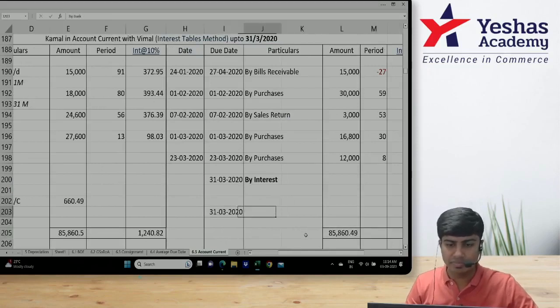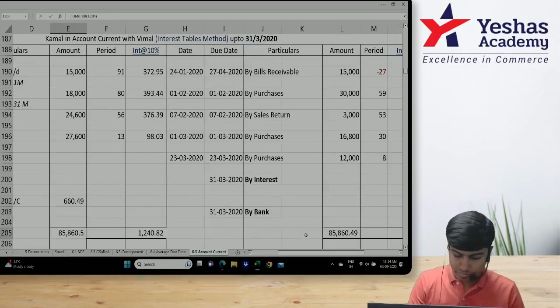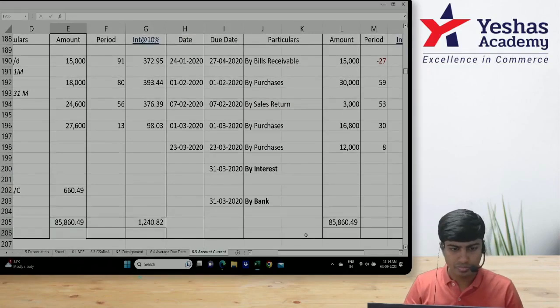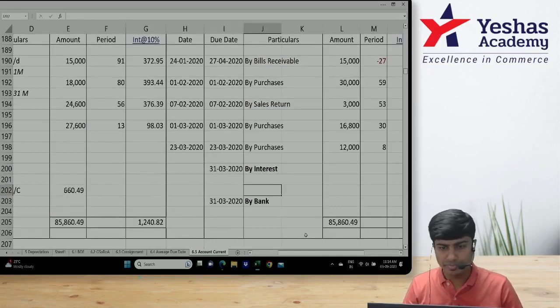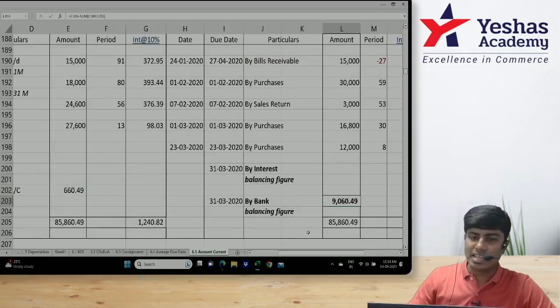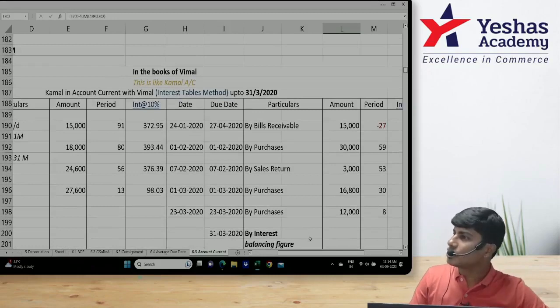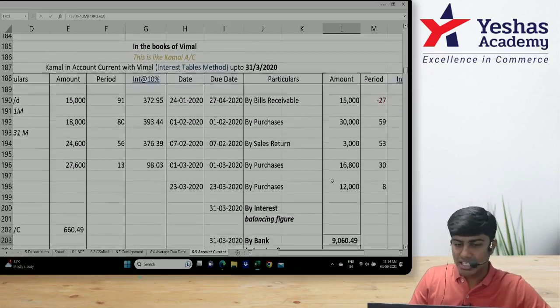Find out the balancing figure. I'll insert one more zero here. 9,000. 9,060 point. This is the amount receivable by Vimal from Kamal.